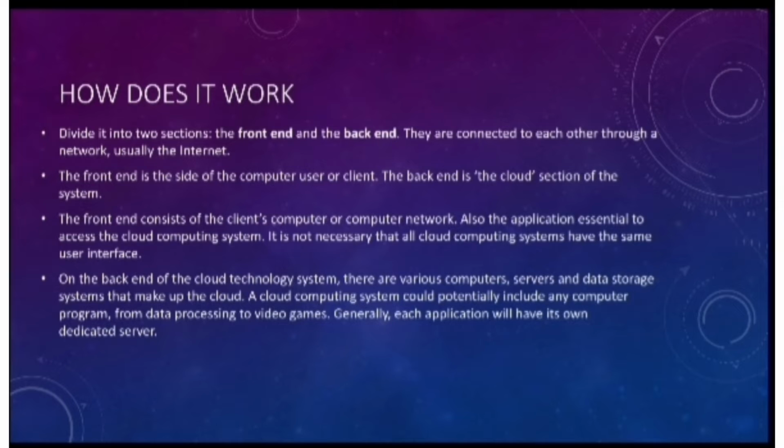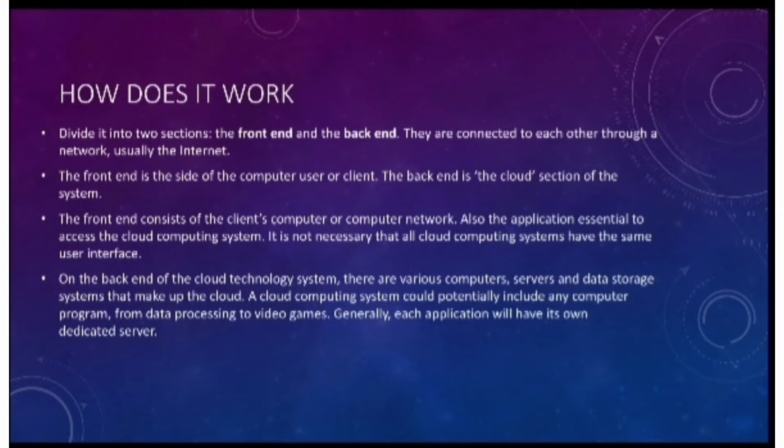On the back end of the cloud technology system, there are various servers and data storage systems that will make up the cloud. Yes, there will be multiple servers, multiple computers, and multiple data storage systems. Together, this makes up a cloud. A cloud computing system could potentially include any computer program, from data processing to video games.